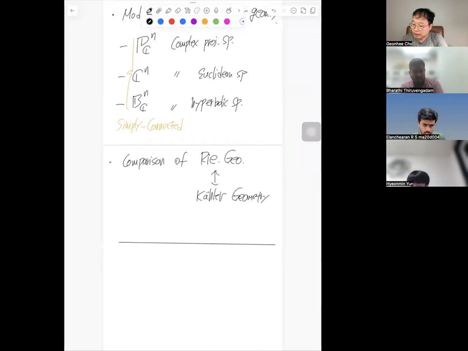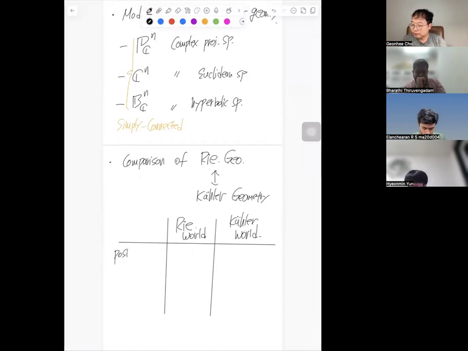If I make a table this way first, this is the Riemannian world, which is usually defined over reals, and this is the Kähler world. Positive curvature, zero curvature, and negative curvature.